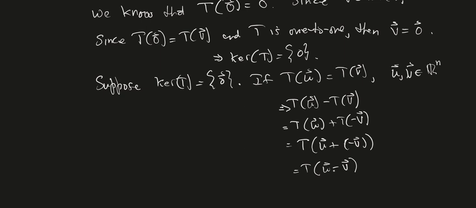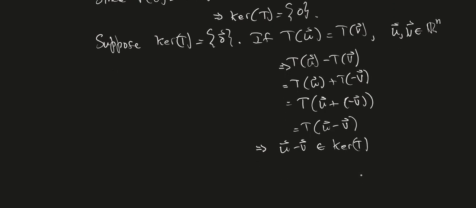That means u minus v would have to be in the kernel of T, but the kernel only consists of the zero vector, as we're assuming.